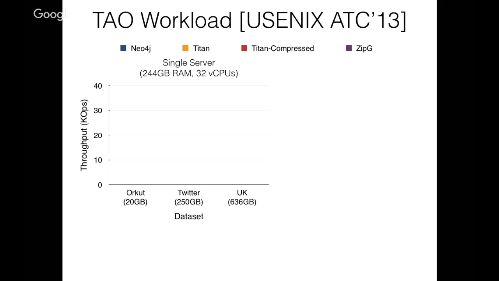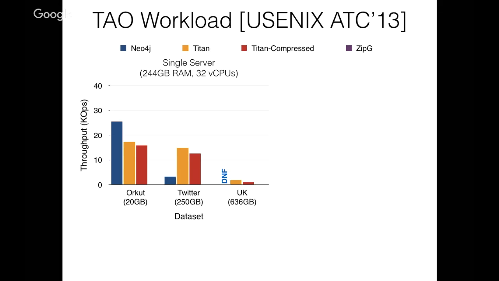So next, I'm going to take a look at the performance for Facebook's star workload, which mainly focuses on neighborhood queries that are ordered by timestamps of the edges. We're going to measure the throughput first for the single server scenario, and what we found was for Neo4j and Titan systems, there's a drastic drop in throughput as soon as their graph representation stops fitting in main memory.